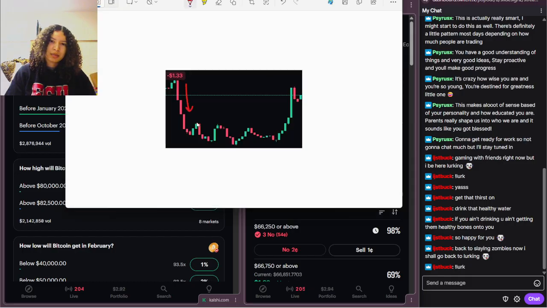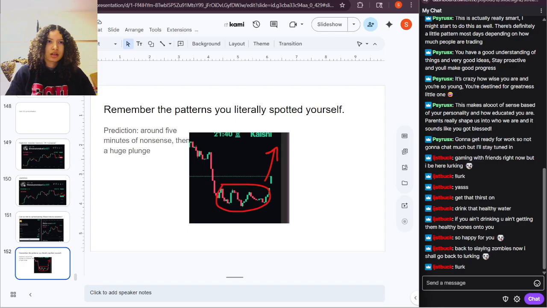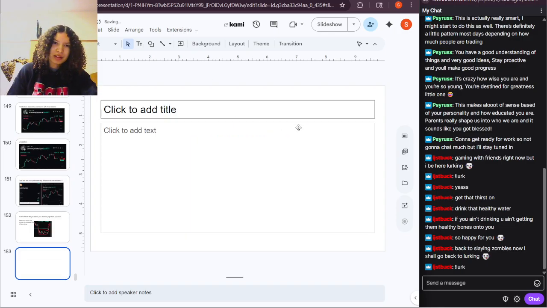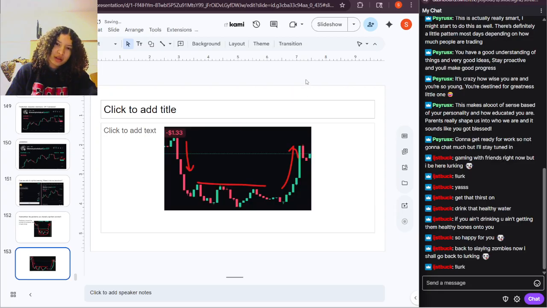Big down sweep, bunch of up and down nonsense, and then huge up sweep. I think that's the pattern we can capitalize off of if we figure out how to get in right on one of the downturns, the small ones, and then sell high.